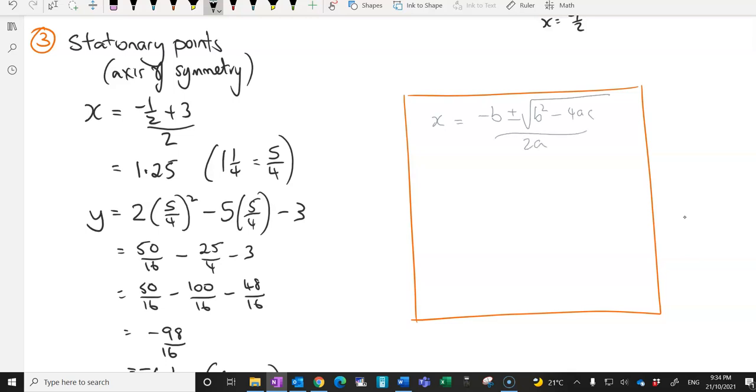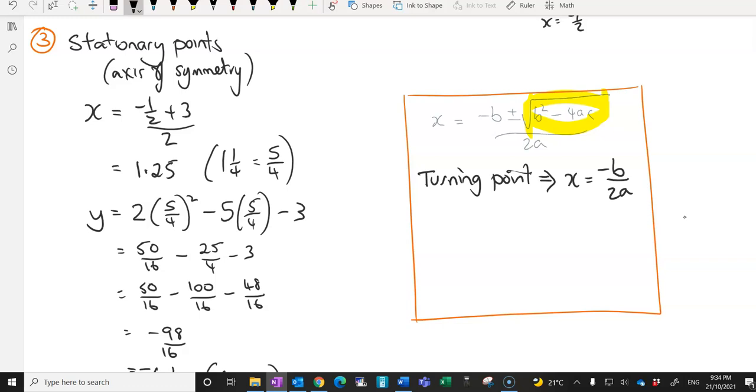Now, we talked earlier that if the discriminant was equal to 0, then we only have one turning point. Oh, sorry, one root. Apologies, we only have one root, and that one root is the turning point. So therefore, we can calculate the turning point, or the stationary point, or its x value, by using the formula x is equal to negative b over 2a.